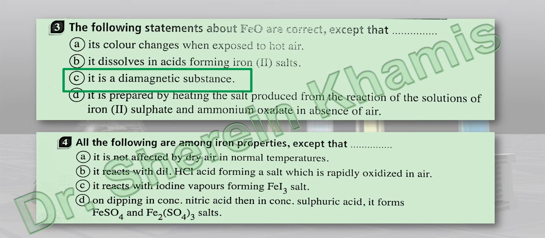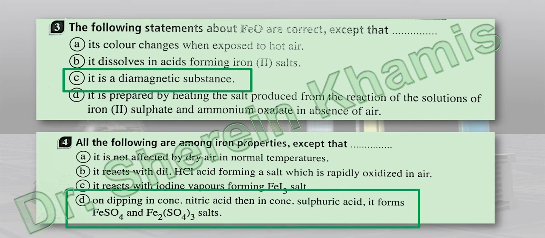It reacts with iodine vapor, forming iron 3 iodide salt. On dipping in conc. nitric acid, then in conc. sulfuric acid, it forms iron 2 sulfate and iron 3 sulfate salts. Which is the property that does not belong to our question?